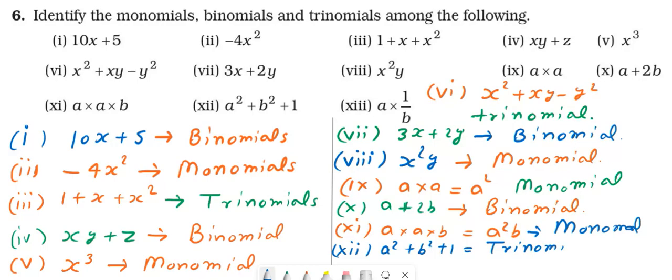And children, the last one is given as a into 1 upon b. Beta, it is considered a single term because a and b are not separated by addition or subtraction. Okay, so it is a single term. So its answer would be monomial.